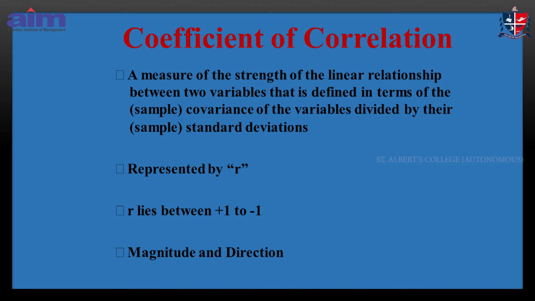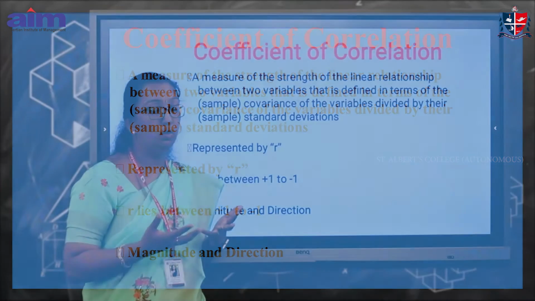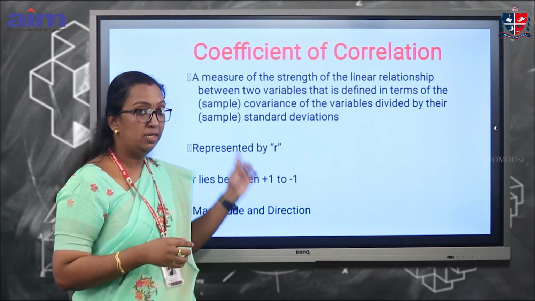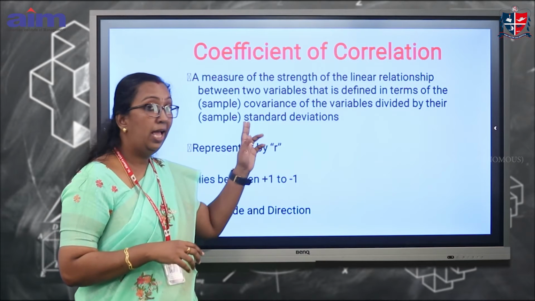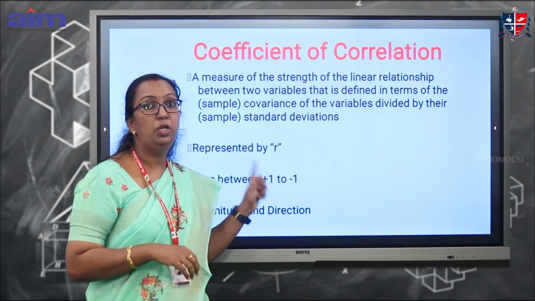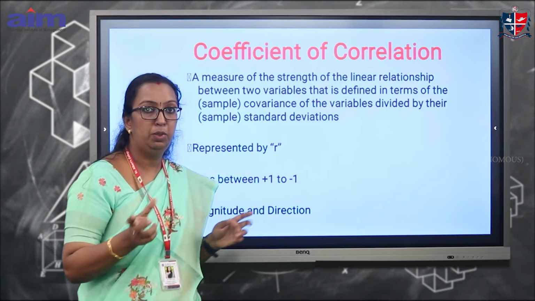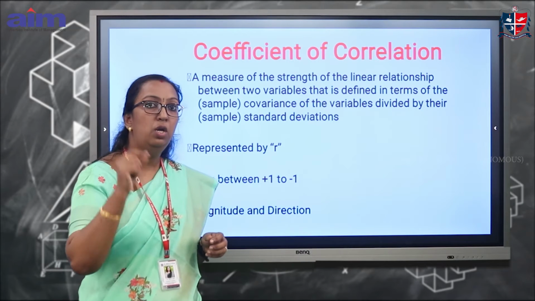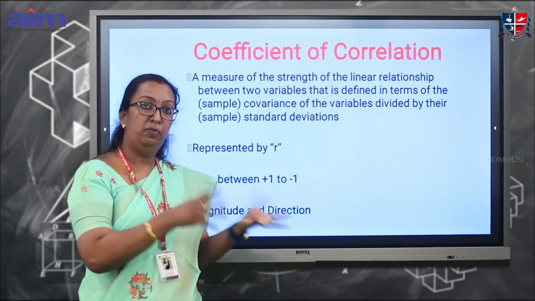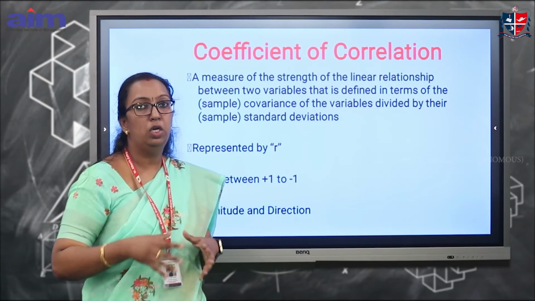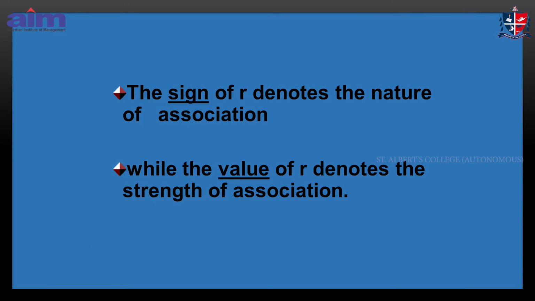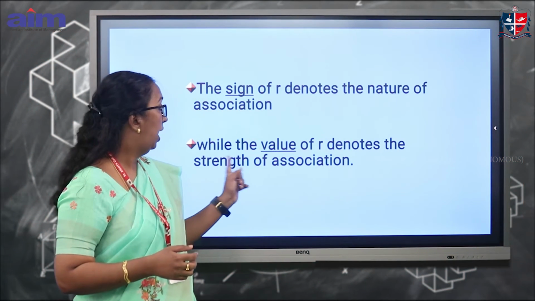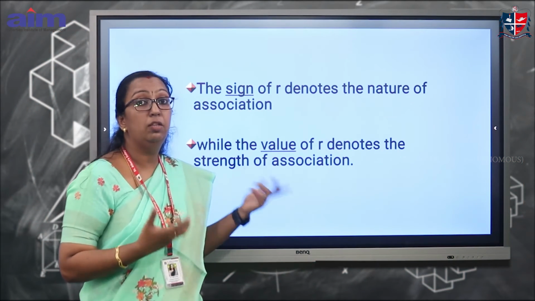Now, we have talked about the coefficient of correlation, and it is represented by the letter r, and through this r value only you are trying to find out the relationship between the variables. So when you get the r value, you can understand whether it is perfectly correlated, or there is no correlation, or negatively correlated. The sign of r denotes the nature of the relationship, and the value of r denotes the strength of the relationship.